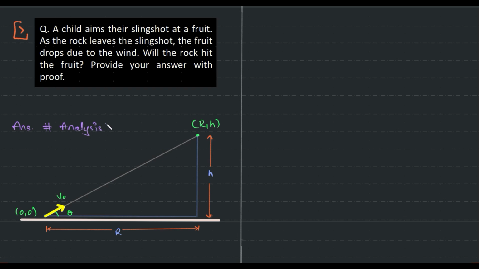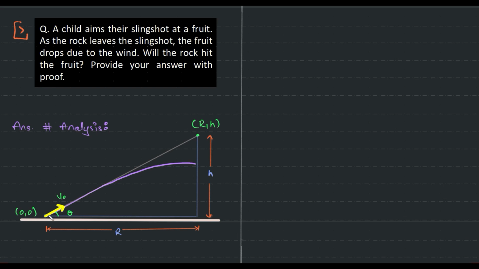We have a bunch of kids trying to get this fruit down. But apparently when one of them tries to do it, obviously it goes in projectile motion in this manner. But at the same time, the fruit also started falling when the stone started traveling.